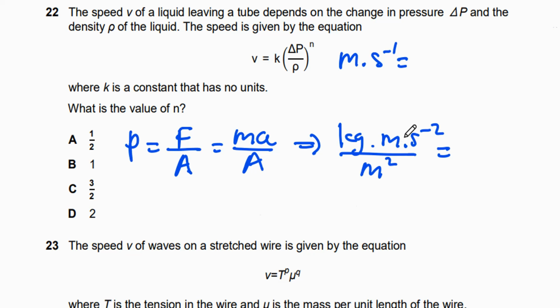We're dividing the m, so we can subtract the powers. So m to the 1 divided by m squared, 1 minus 2 is negative 1. So it's m to the negative 1, and of course, s to the negative 2. So we can plug it into the right-hand side here in the place of delta P.